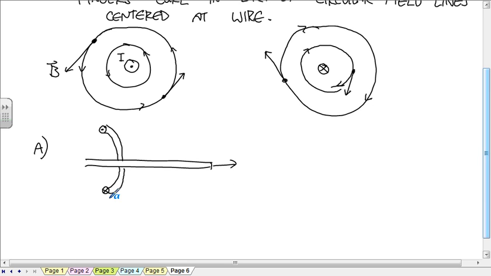So the magnetic field vector at the point A is 1.0 times 10 to the minus fourth Tesla out of the page.